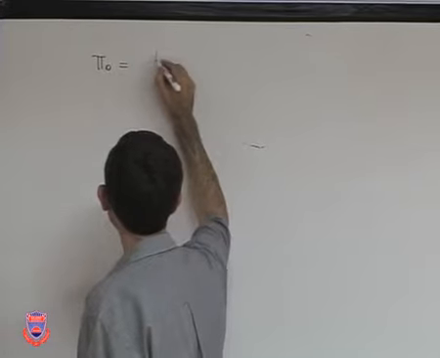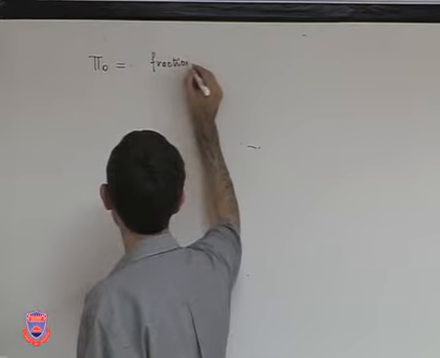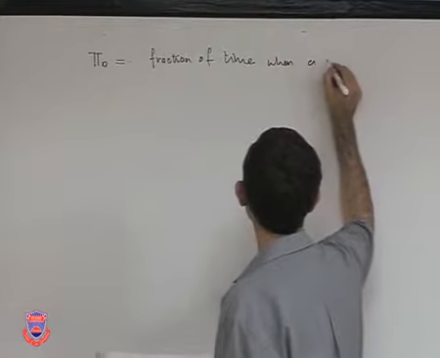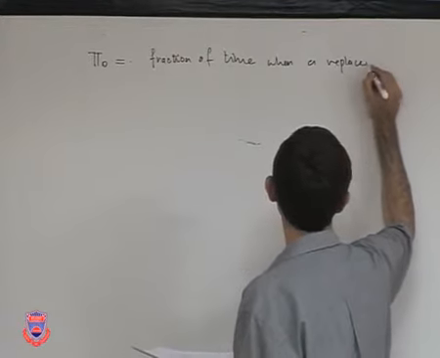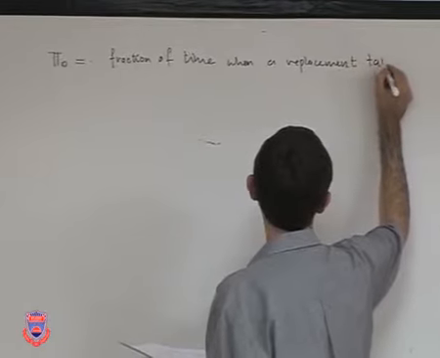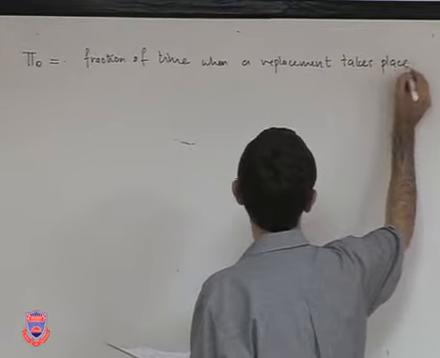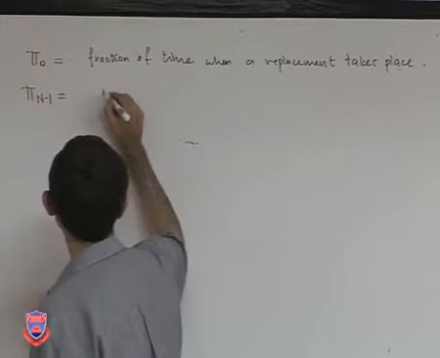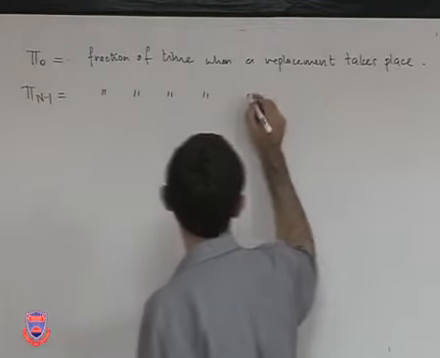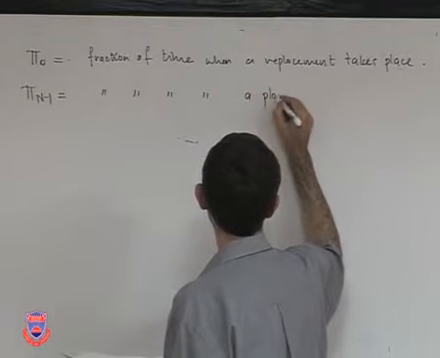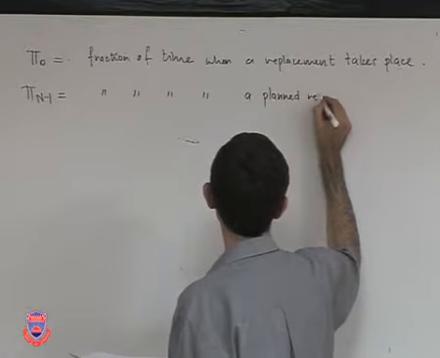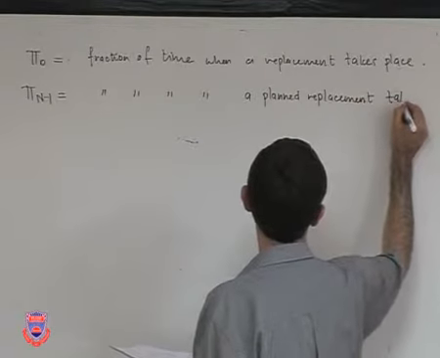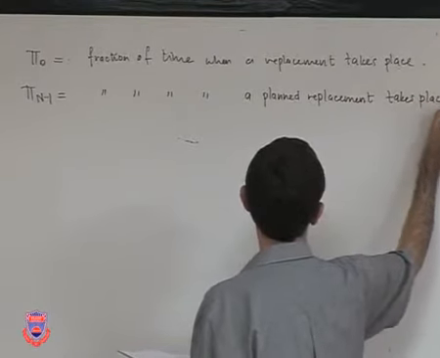So pi 0 is nothing but the fraction of time when a replacement takes place, right? And pi n minus 1 is the fraction of time when a planned replacement takes place, right?